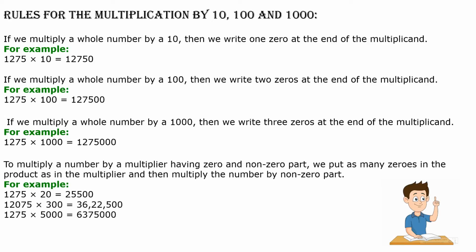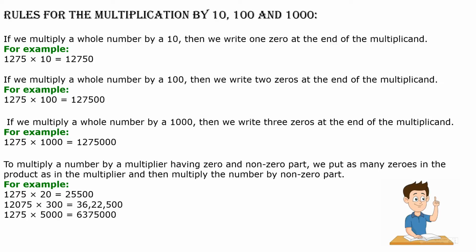Now, let's see the last rule. To multiply a number by a multiplier having 0 and a non-zero part, we put as many zeros in the product as in the multiplier and then multiply the number by the non-zero part. What does this mean? If I am supposed to multiply 1275 into 20, so what will I do?